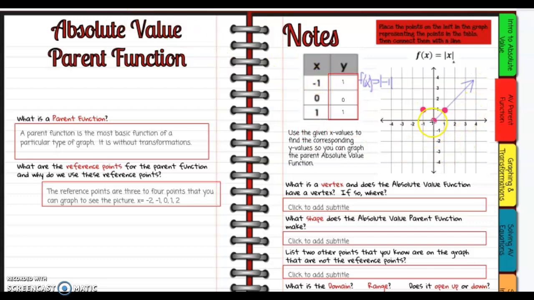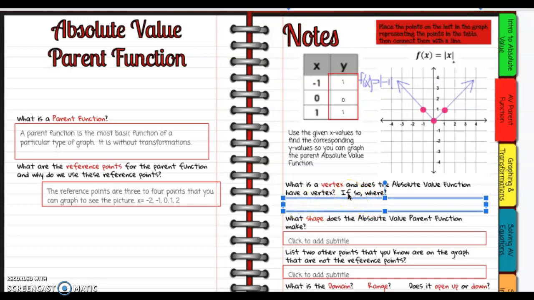And then if I connect the other side, it's going to look like this. So you can see that your absolute value parent function, well, all absolute value functions are going to make this V, okay? Now, what is a vertex, and does the absolute value function have a vertex?